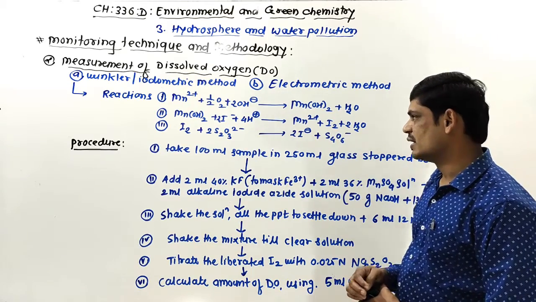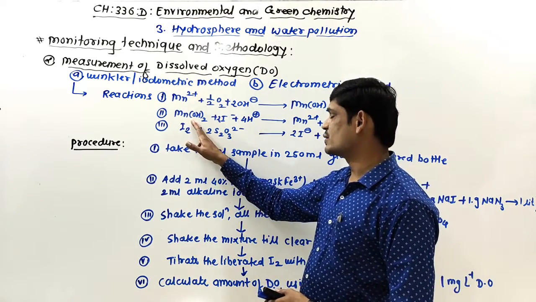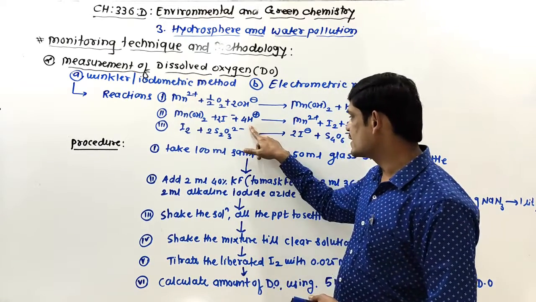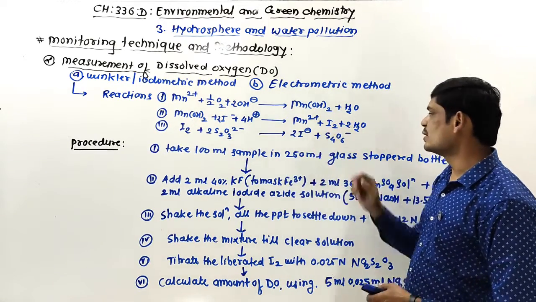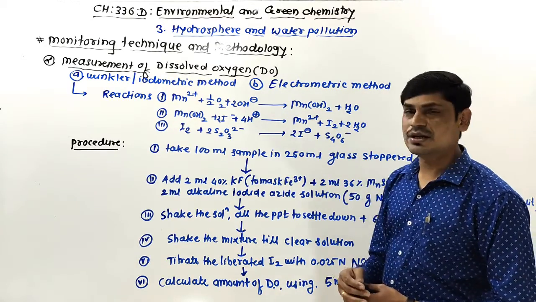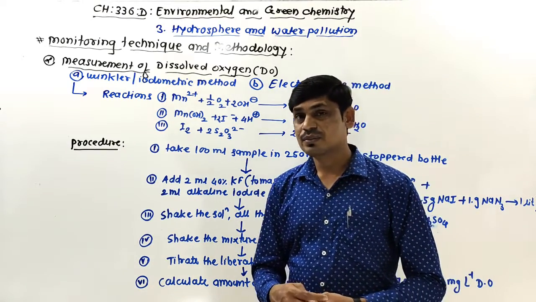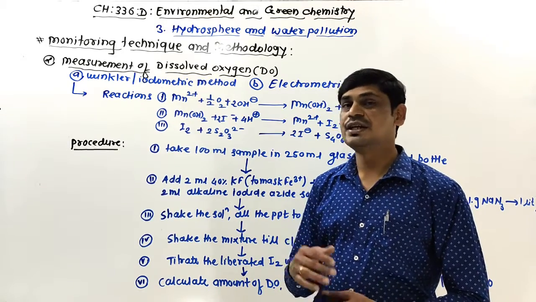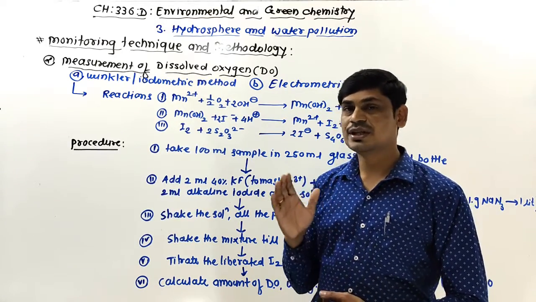It means that when the Mn(OH)2 is treated with iodide ion under acidic medium, it liberates the iodine, and this liberated iodine is then measured, or calculated, by titration with sodium thiosulfate.